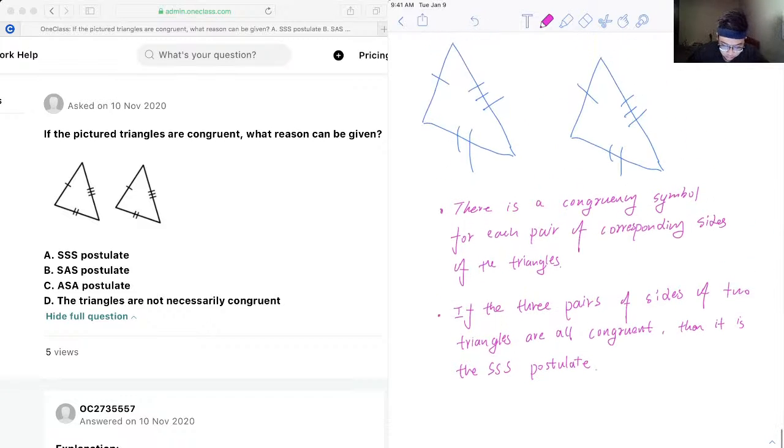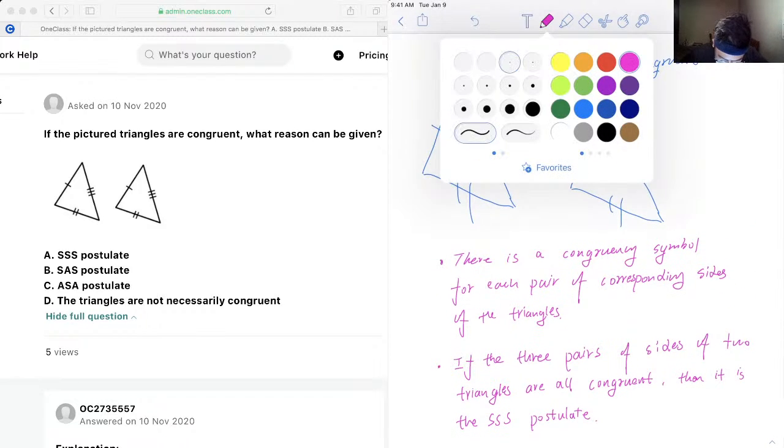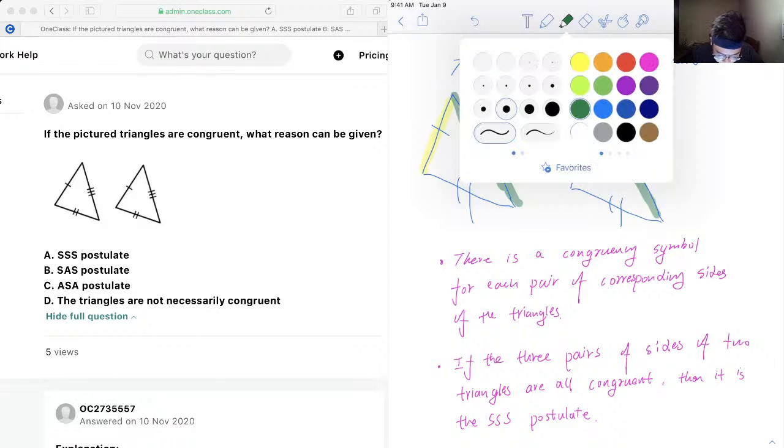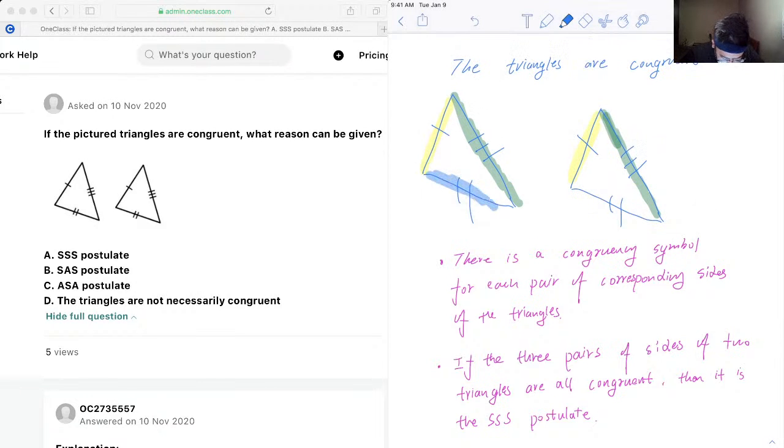As you can see here, the yellow side from the first triangle is corresponding to the yellow side of the second triangle, and the green side is corresponding to the green side of the second triangle, and the blue side of the first triangle is corresponding to the blue side of the second triangle.